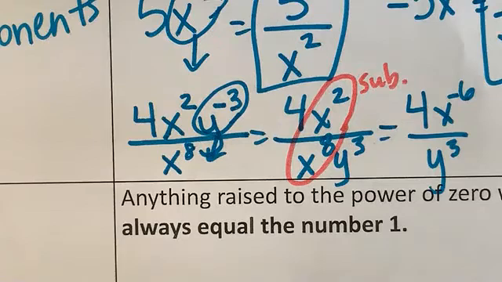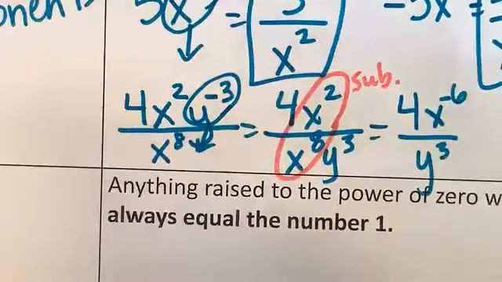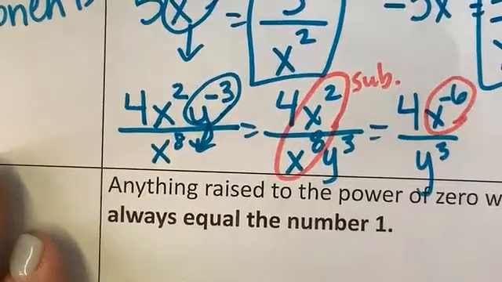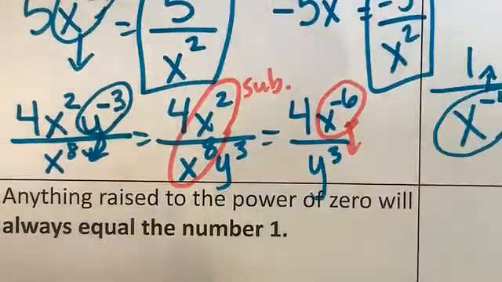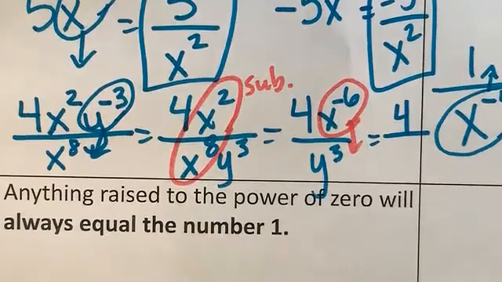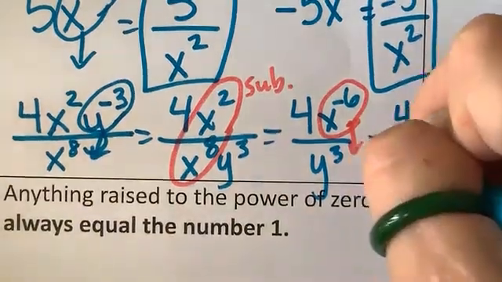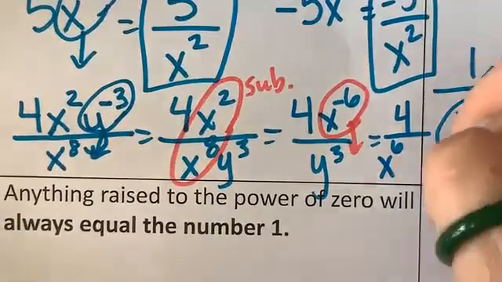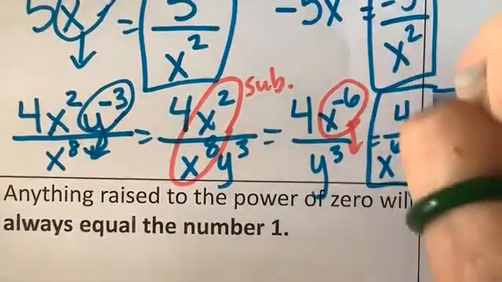Then, yes, now we got to take care of that negative exponent. Where does this one go? Down. So the final answer would be 4 on the top. That's the only thing on the top. And usually they go in alphabetical order. So I'm going to put x to the positive 6 and then y cubed.